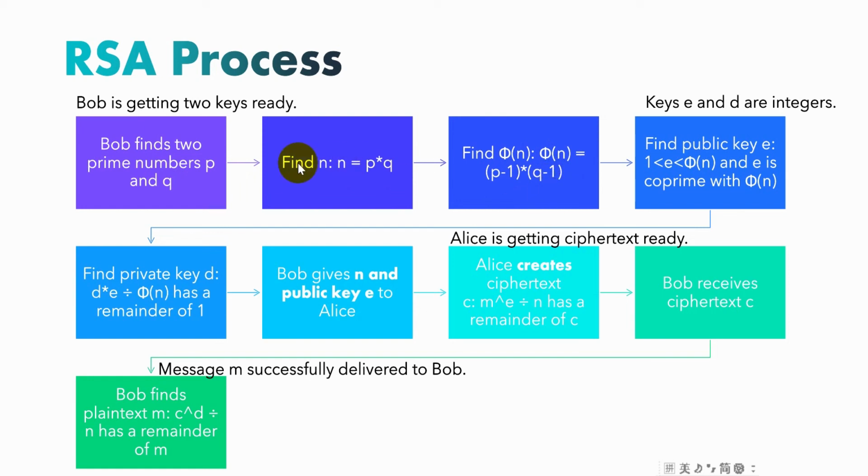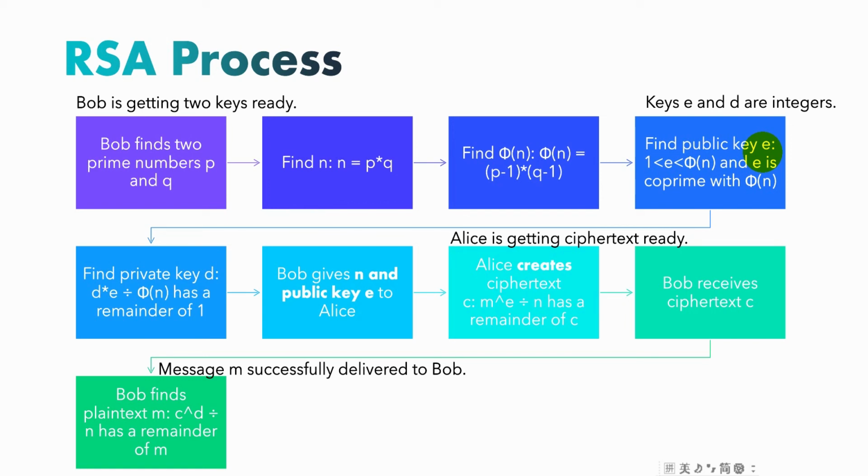So Bob has done the preparation work, and now he is finding the public key E. The public key E has to meet two requirements. It is an integer between 1 and phi N, and it needs to be coprime with phi N. Coprime means that the two numbers only have one factor in common, which is 1.